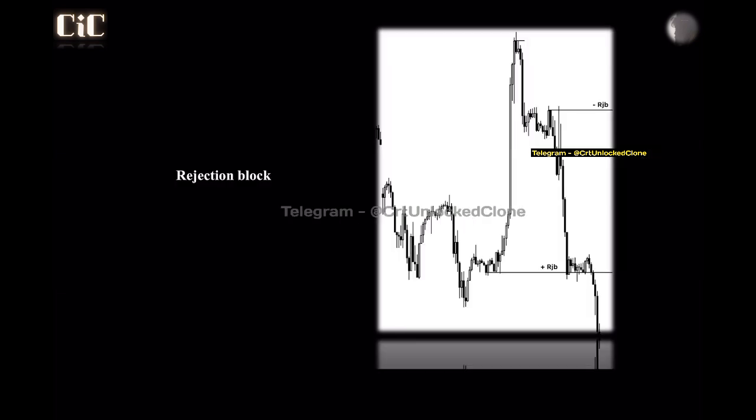Rejection block. It's a nice one. It's the closing price of the candles, the closing price of the order blocks when they leave either a stubby or a long wick. Right. This will be discussed in detail in the lesson Price Action Details later.